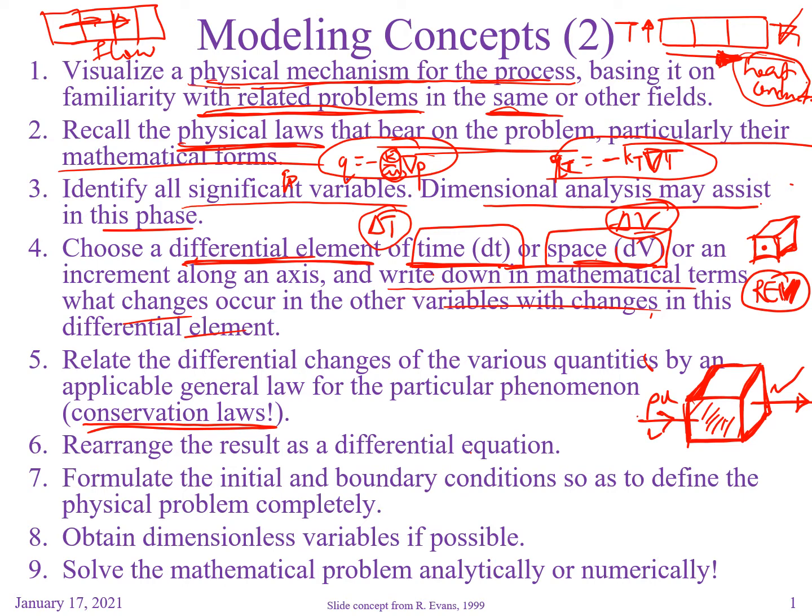Then what you do is take the limits as delta V, which is delta X, delta Y, delta Z, tends to 0, and the same thing with delta t tends to 0. Then we come up with a differential form of the same equation, and that's the one that we use all the time as a conservation law.